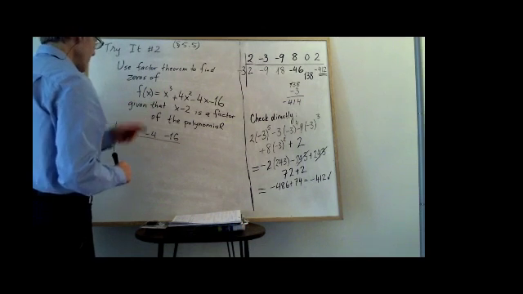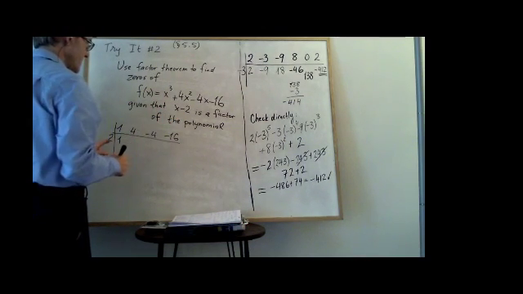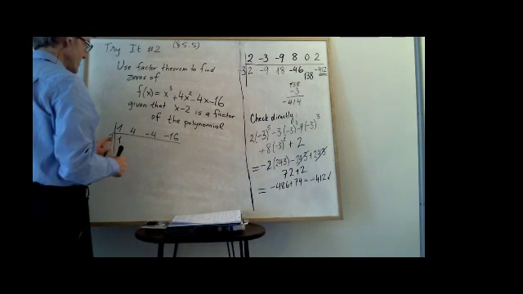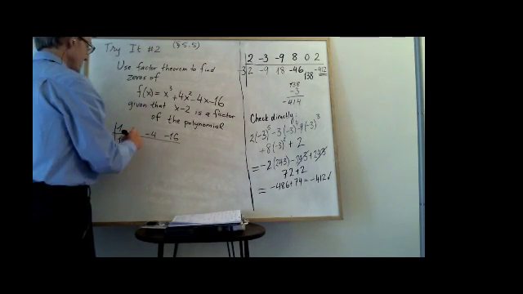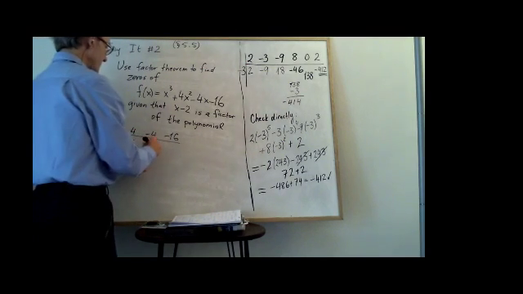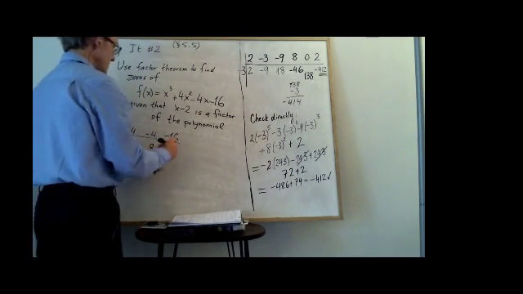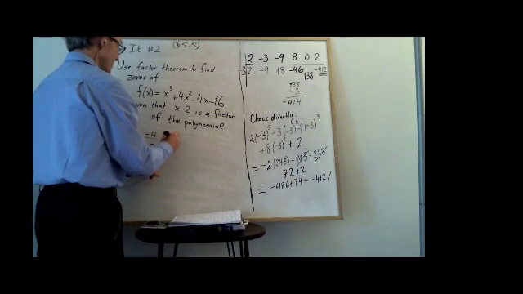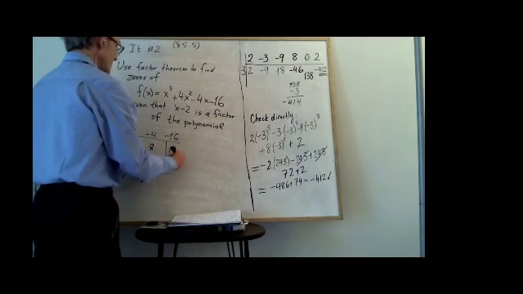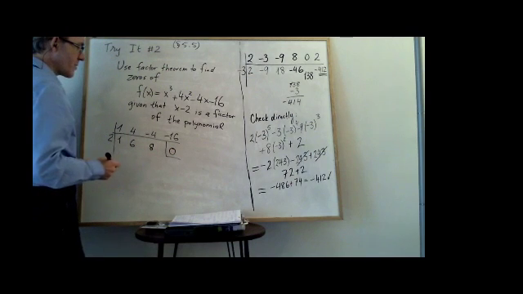And just to verify that this is in fact a factor, I take 2 times 1, it gives me 2, plus 4 is 6. 2 times 6 is 12, minus 4 is 8. 2 times 8 is 16, minus 16 is 0. So indeed I get 0 as an evaluation.